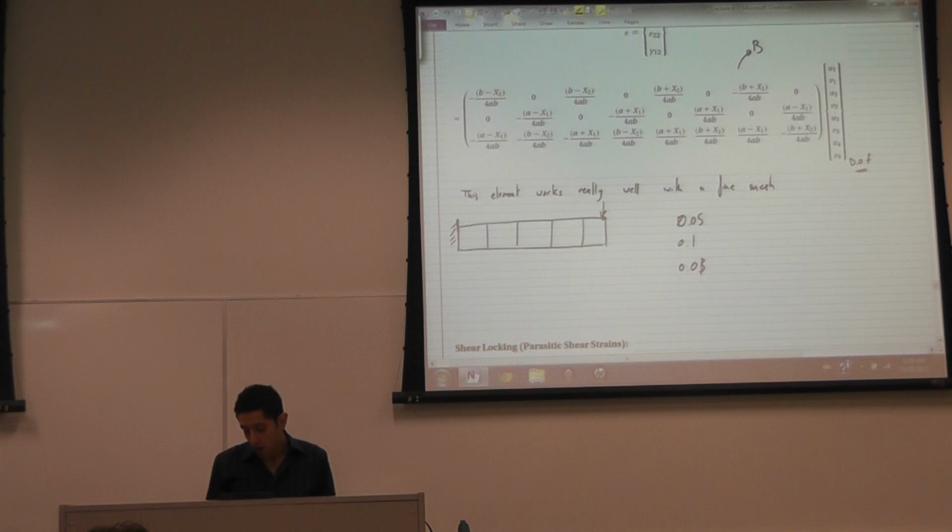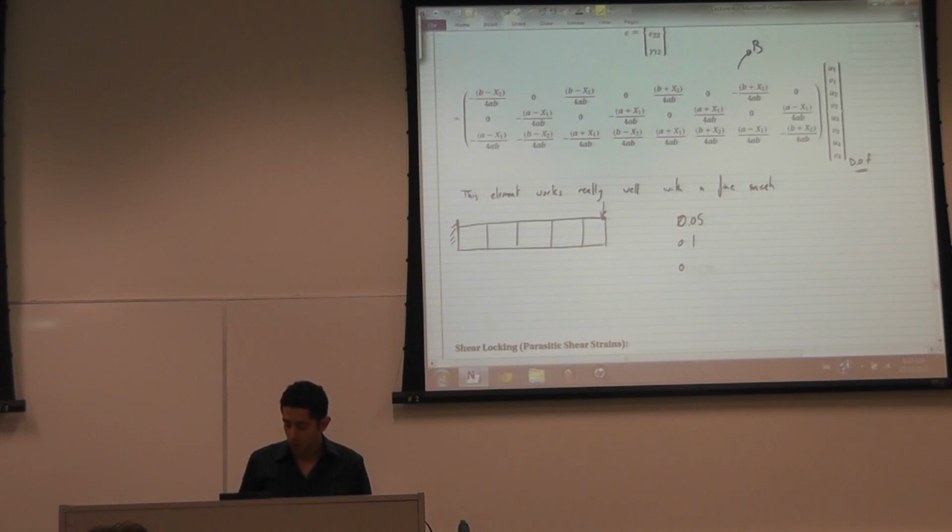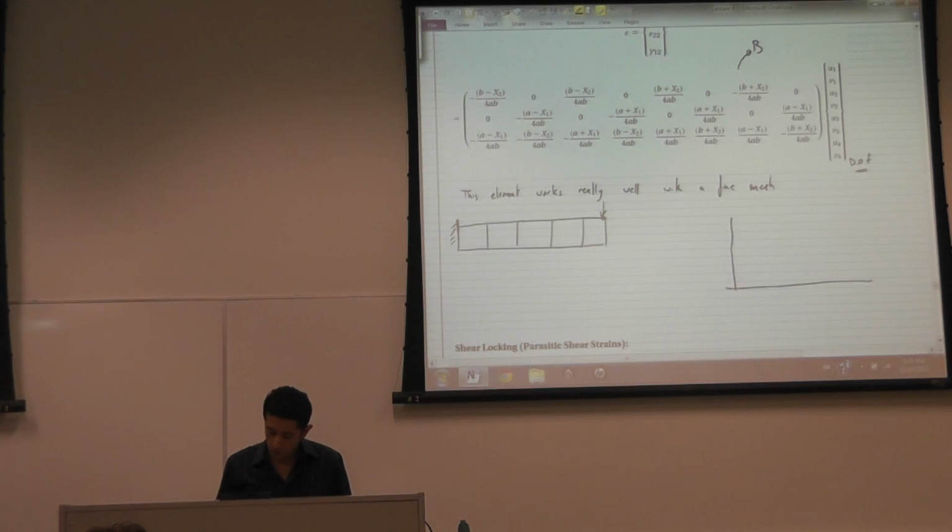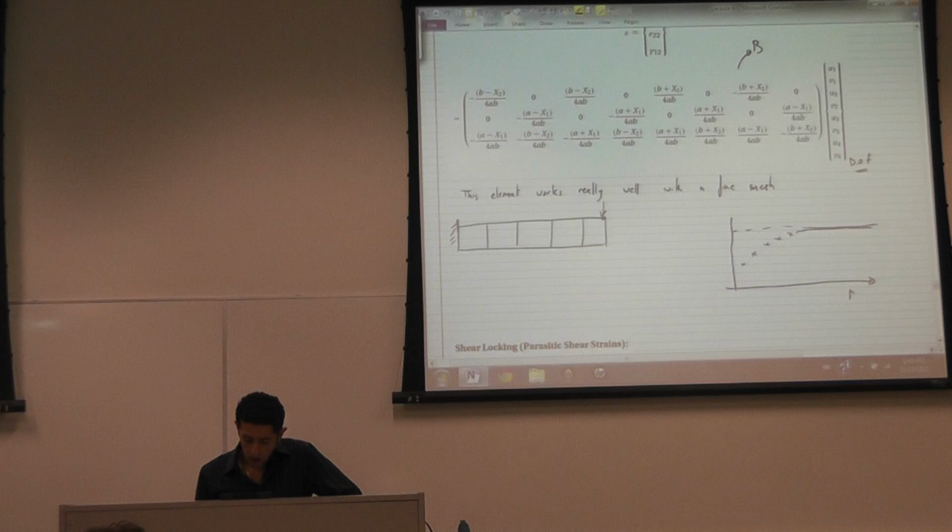So what's important, what you should have noticed, is the following. If this is the exact solution, you're approaching the solution from below. And this is what you should have noticed from your assignment. As you increase the mesh refinement, and this is the displacement, as you increase the number of elements, your structure at the beginning is very stiff.